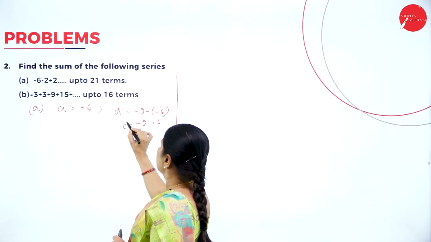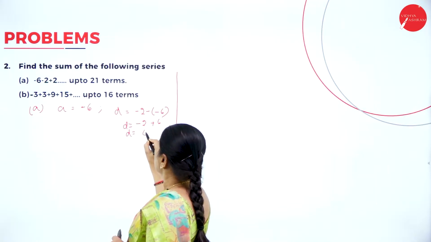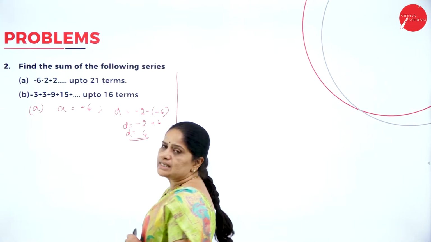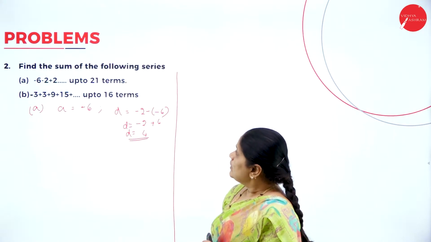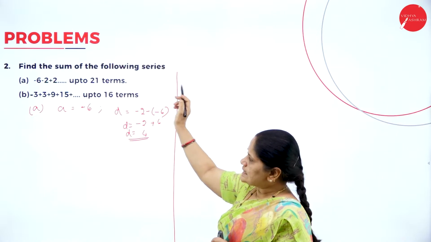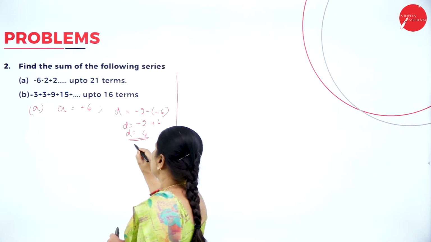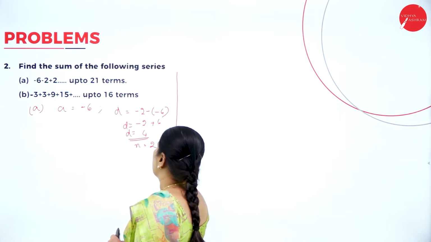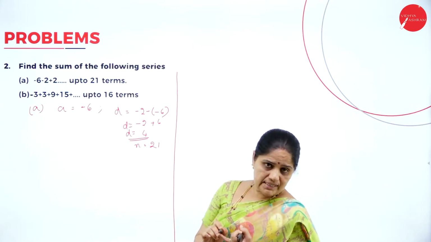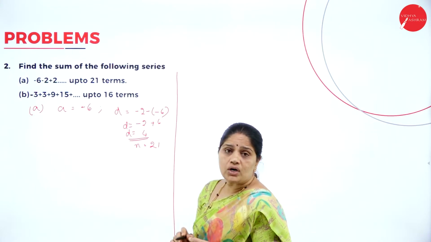So, D will be equal to 4. Now, find the sum of the following series up to 21 terms. So, n equals 21. So, I know what is A, what is D and what is N.